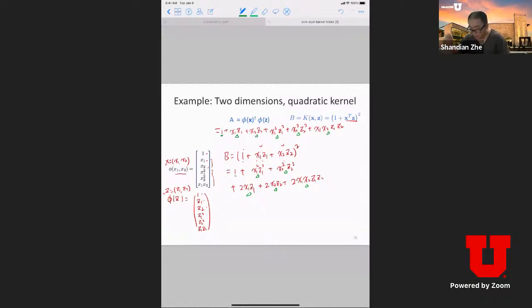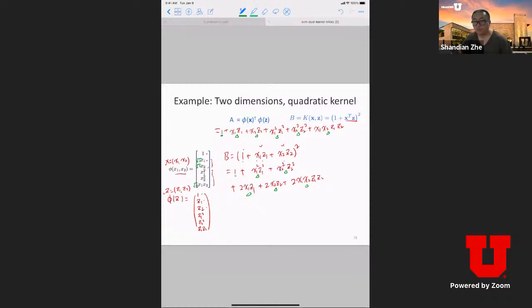Someone may worry about the coefficient here. Actually, if we can skew the mapped feature in phi, they can be exactly the same. If you want A to be exactly the same as B, how do we change phi? We can just put a factor of square root 2 on the second mapped feature, and on the third mapped feature, and on the last feature.